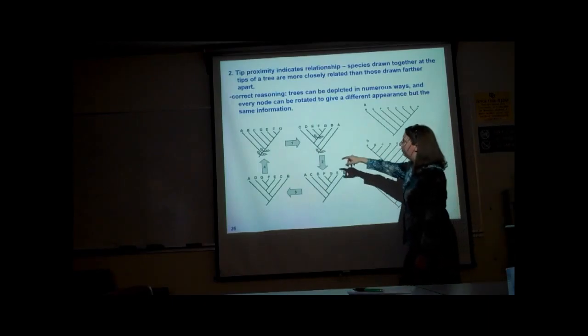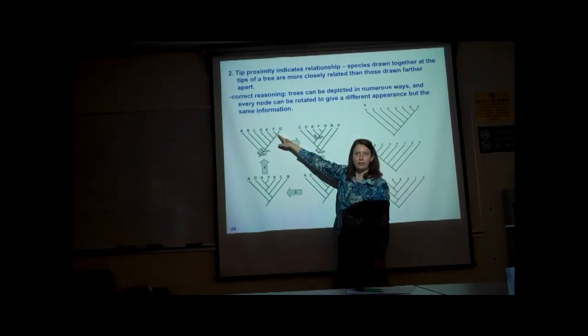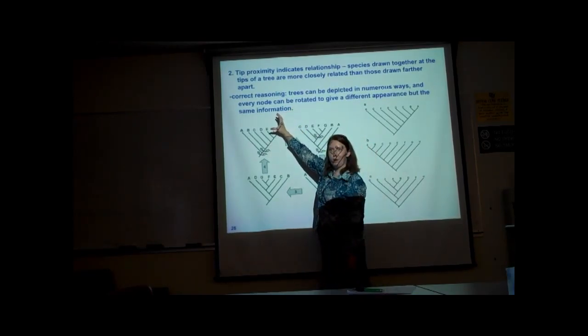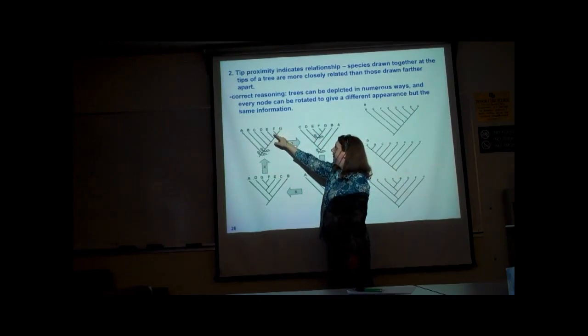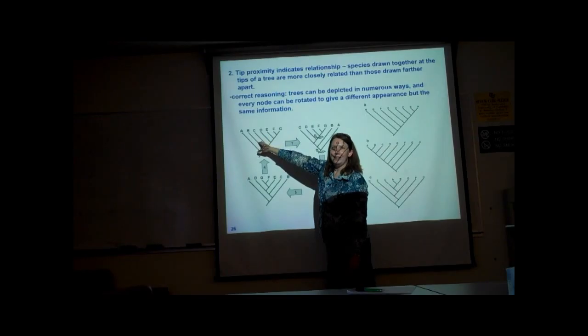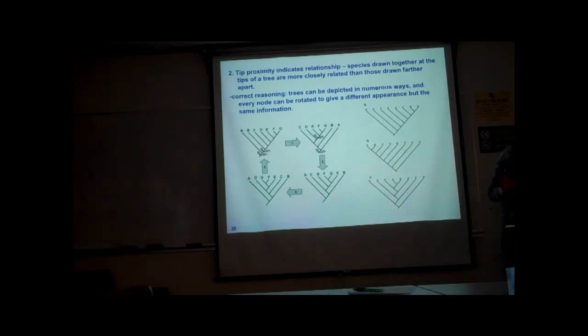What usually happens, if you're interested in some of these guys the most often in these studies, you tend to put them in the upper right, and everyone else falls off to the left. But that doesn't mean that anyone else out here isn't as important or doesn't have as many interesting morphological characters. It's just that convention is there for some reason. How long has this convention been around? 60 years.